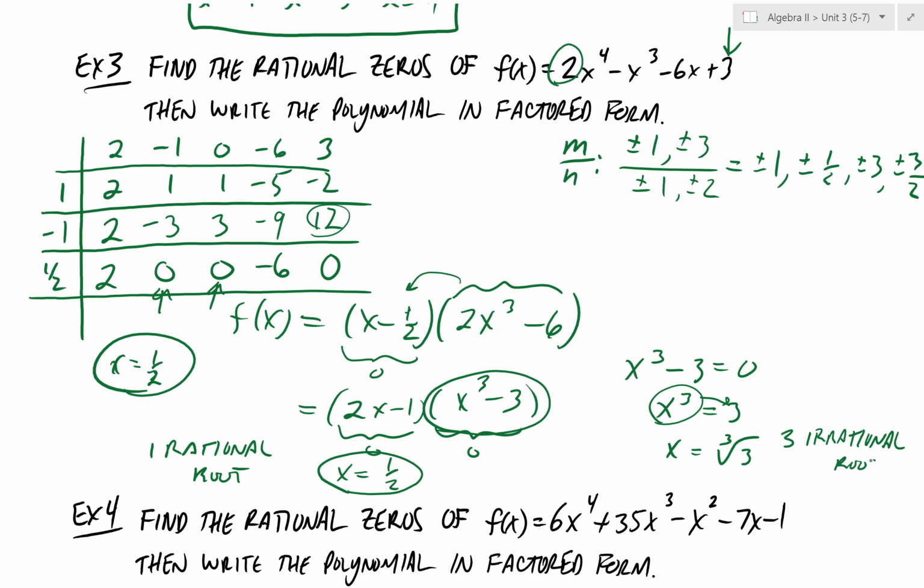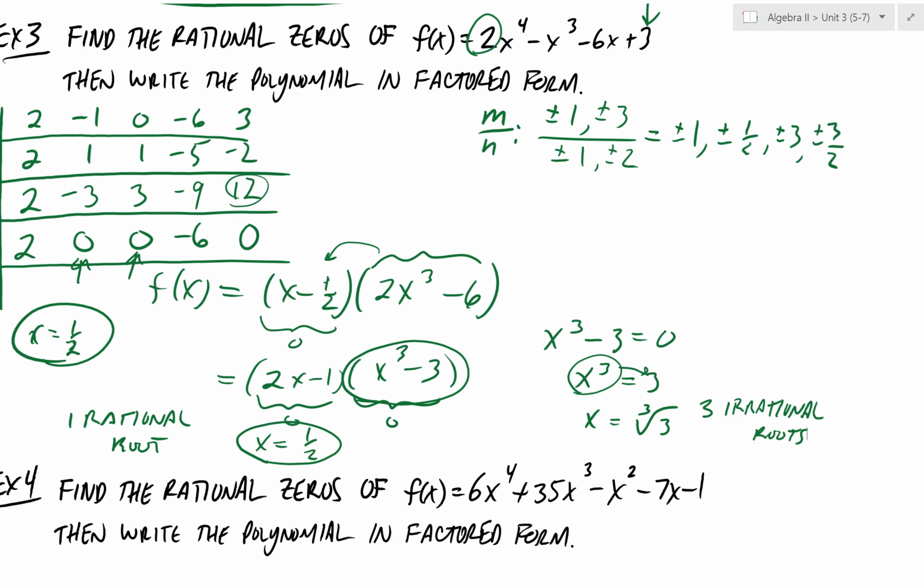So we have 3 irrational roots. Do you remember when we talked about double roots, when a graph just comes down and touches the axis and comes back up? We called that a double root. That would be, for example, if this was at 3, then our polynomial would have x minus 3 squared. A double root only touches once. So this would be a triple root, which means when it's an odd power, it still crosses, but it crosses very flat.